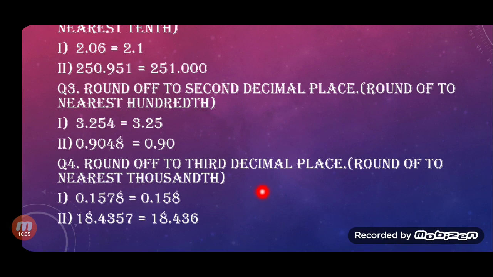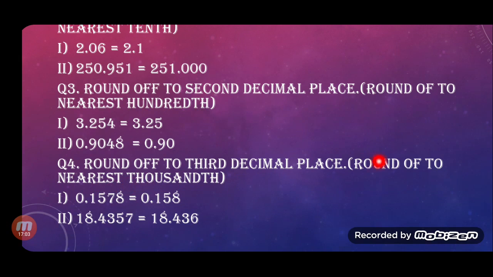It is 7. Again 7 is more than 5, so we will add 1 to the rounding off digit. So add 1 to the 5. 1 plus 5 is 6. And the rest of the digits we will drop. So the answer will be 18.436.